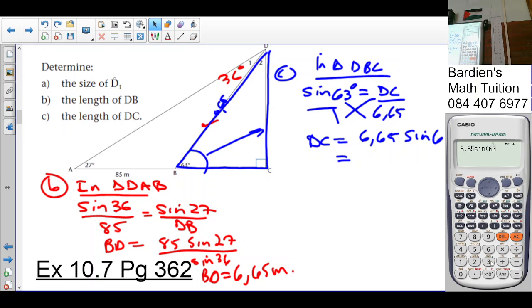Sorry about that. 65.65 sine 63 is 58.49, so it's 58.5 meters.